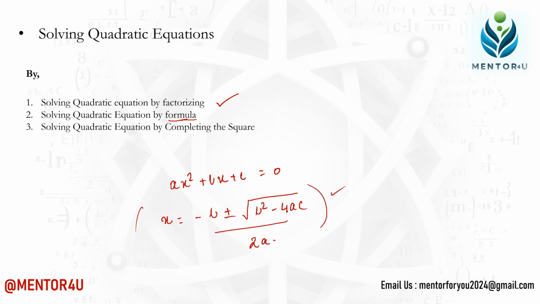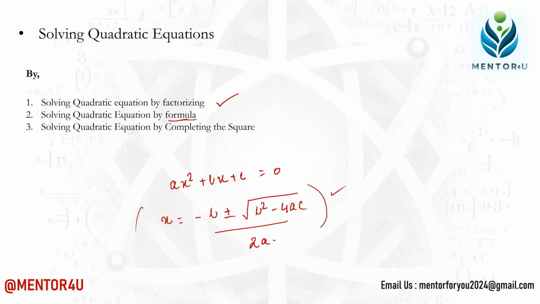Even for factorization, there is a particular method which we should follow, and that's much easier than if we normally go for hit and trial and break the middle term, or the coefficient of x, with respect to a and c.